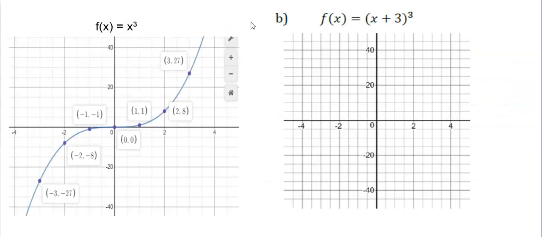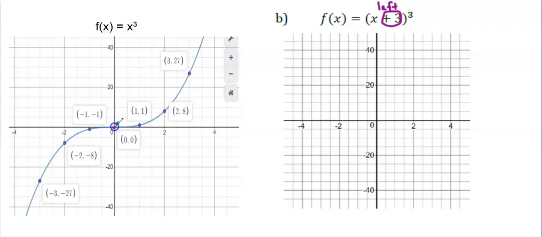All right, let's do a few transformations. Here we have our parent function with a handful of anchor points to help us do this translation. So just like the other functions that we have worked with, when you add directly to the x, we're adding 3, so that means we are going to go to the left 3 units, since we are adding 3 to the x.